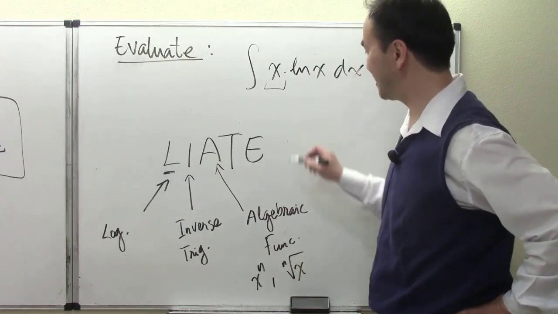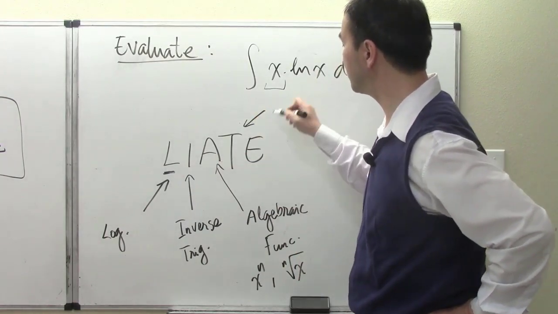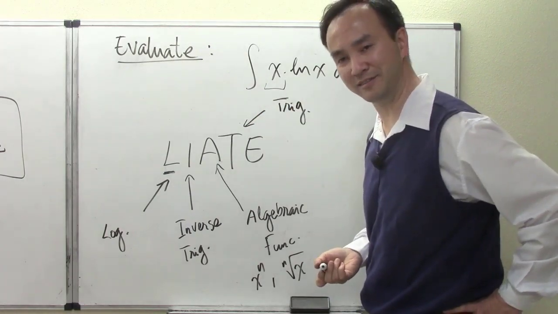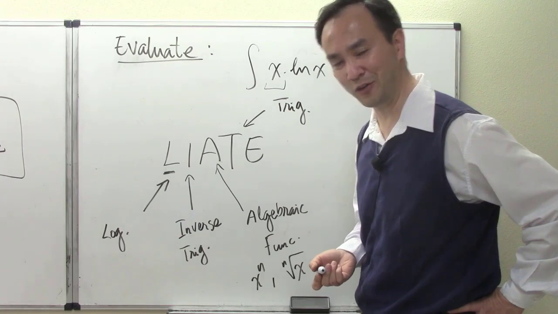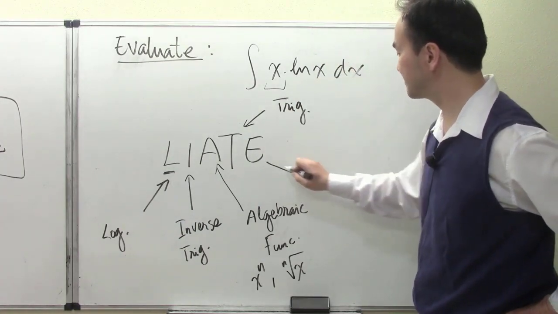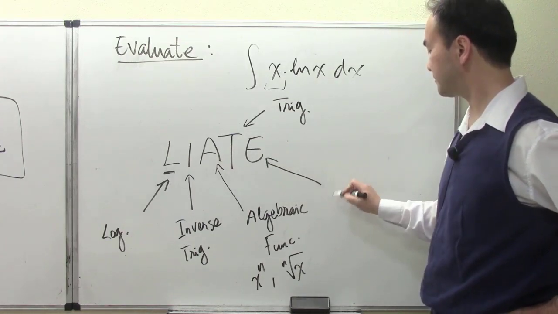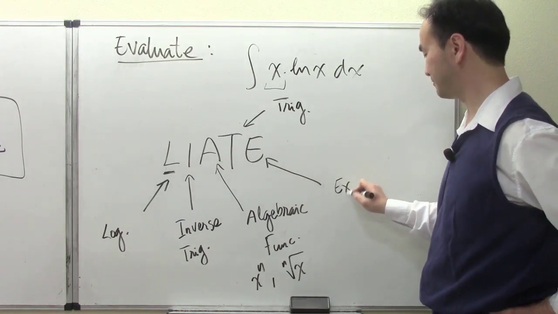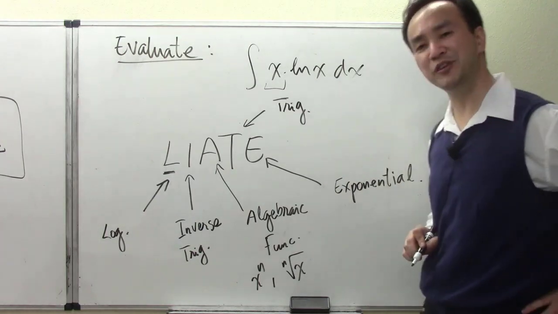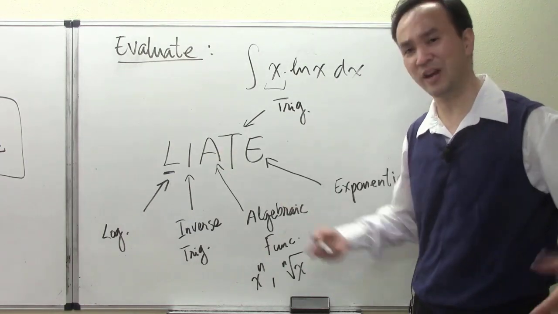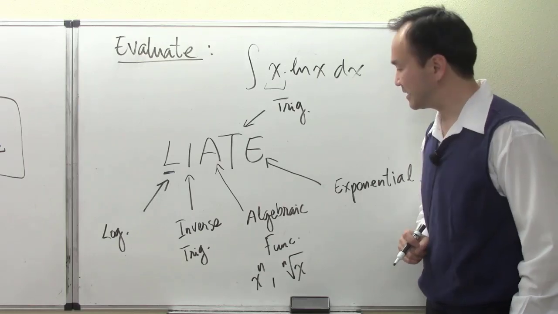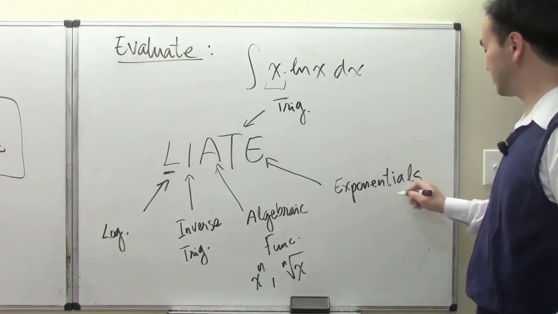The T is an abbreviation for all the trig functions: sine, cosine, tangent, cotangent, secant, cosecant, all of those fundamental trig functions. And the last one, the E, is the abbreviation for exponential: e to the x, a to the x, 5 to the x, 8 to the x, 1,000 to the x, 1/2 to the x. All of those are in the whole family of the exponential functions.